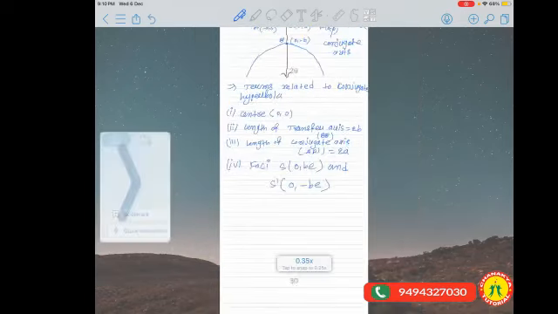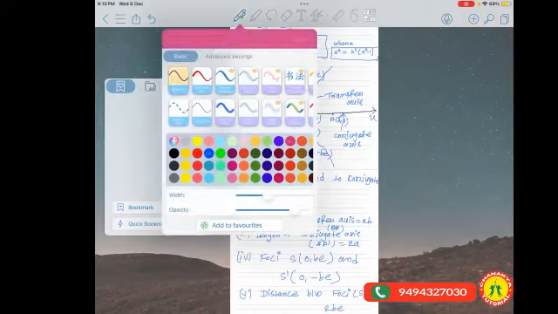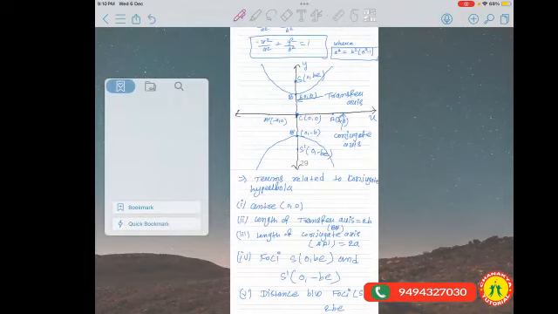Now see the directrix. This will be one directrix and this is the other directrix. The equation of the directrix here is y is equal to b by e and here y is equal to minus b by e.